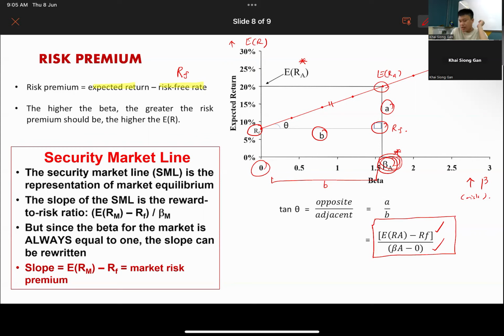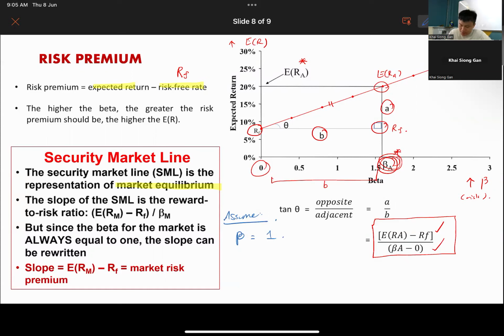Okay, now in the market equilibrium, when we talk about the security market line, I'm referring to the market equilibrium. In the market, we always assume that the market risk always equals 1. This is an assumption. We assume that in the market, the beta, the risk that we accept, is 1.